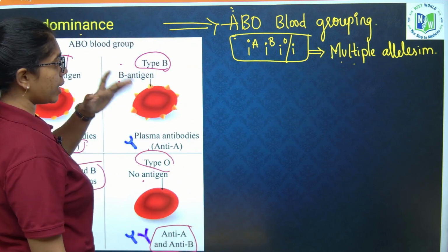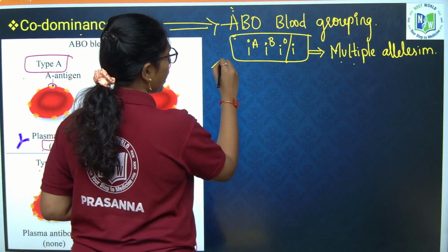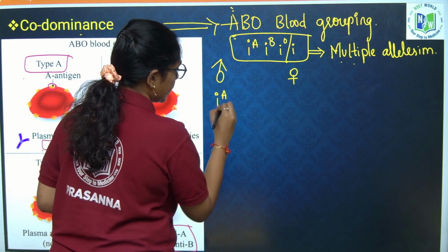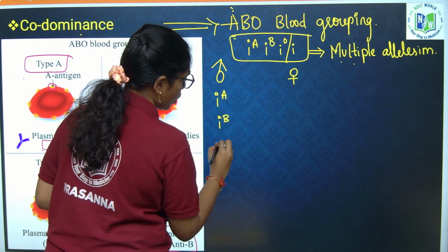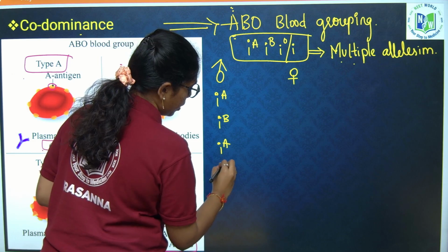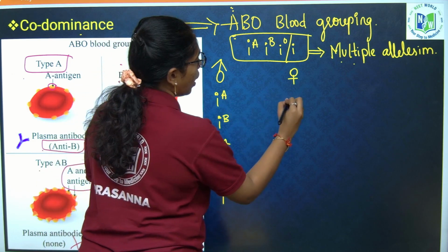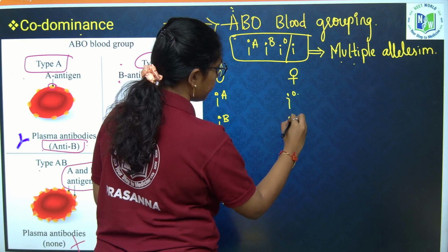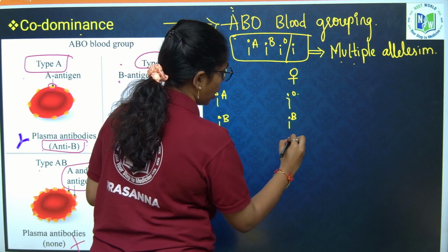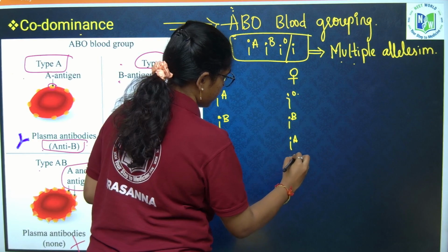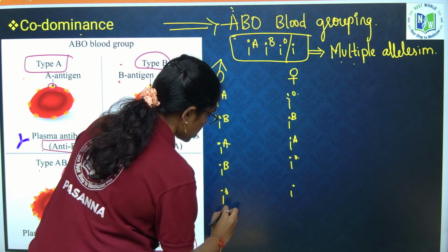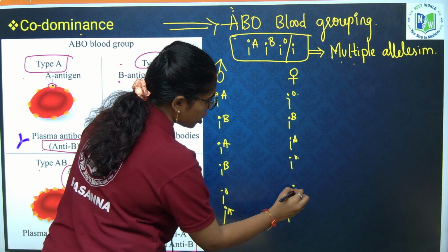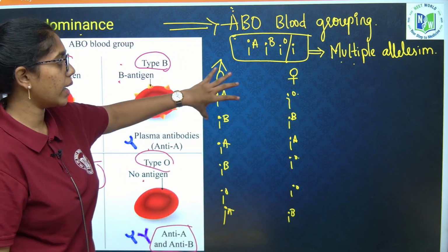How codominance can be explained, you see now. Let us assume male parent and female parent combinations of blood group. Male parent has IA IB, or IA IO. Female has IO, or IB IA, IO IO. Let us assume one more, that is IA and IB. These are all the possible combinations which I have taken for both male and female parents.